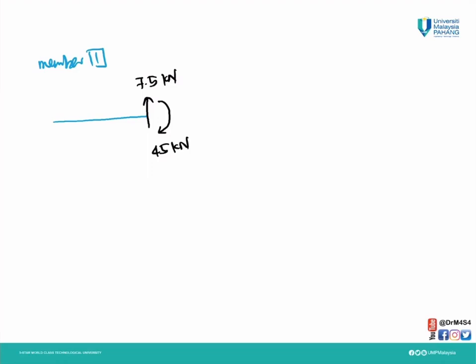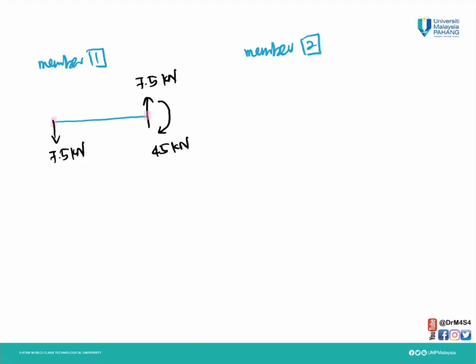Since at this end is going up, at this end is going down with the same magnitude of 7.5 kilonewton. And then Q5 is 0, Q4 also 0.